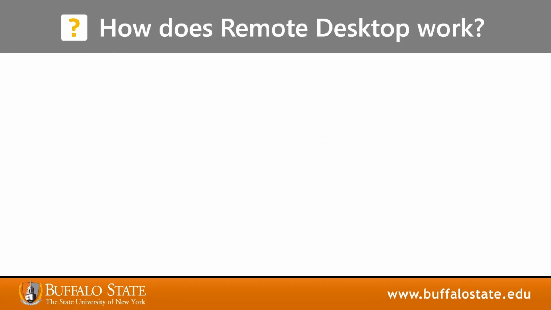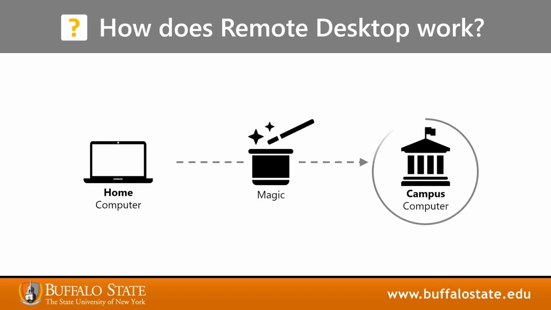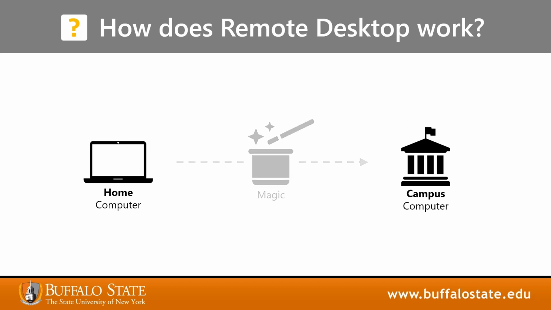To very generally answer the question of how does remote desktop work, let's give a general explanation. You are using your home computer to access your campus computer through a pretty much invisible automatic process. The visuals and the sound from your campus computer are being sent to the screen on your home computer.